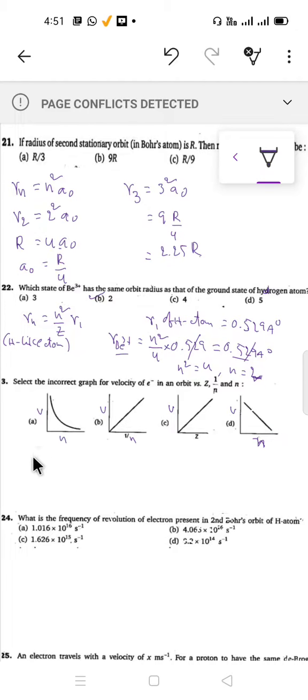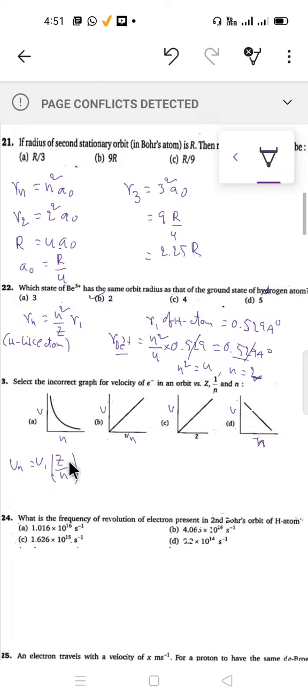The aim is to choose the incorrect graph. So we have to find the incorrect graph. We know the equation Vn is equal to V1 Z by n.